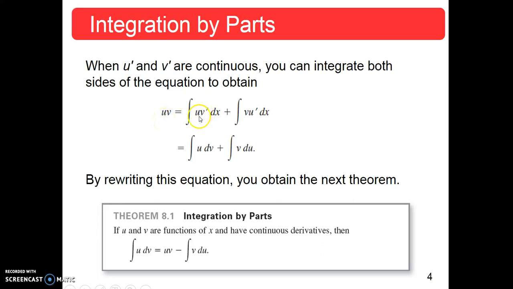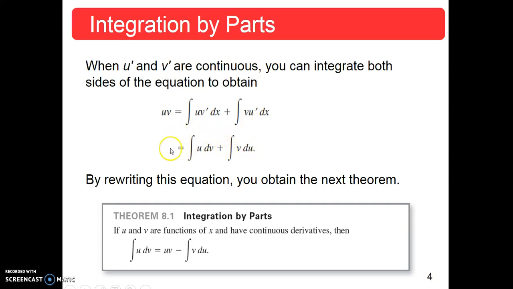We got the integral of uv prime with respect to x. Now v prime dx can be thought of as just the differential dv. And here, in the integral of vu prime with respect to x, u prime dx is just the differential du.